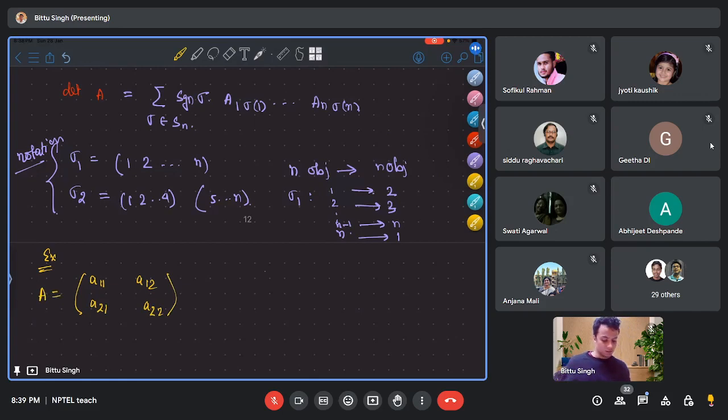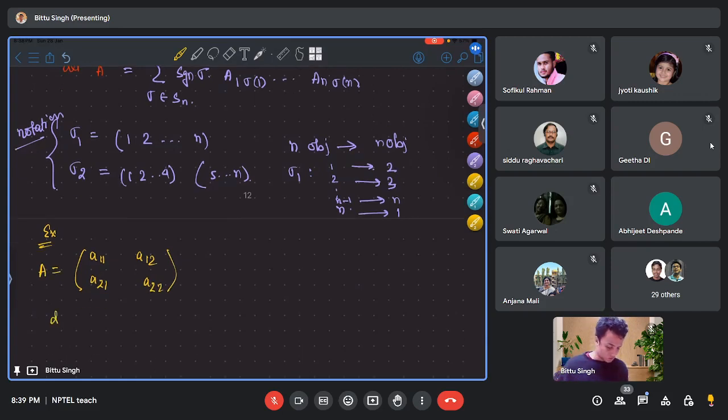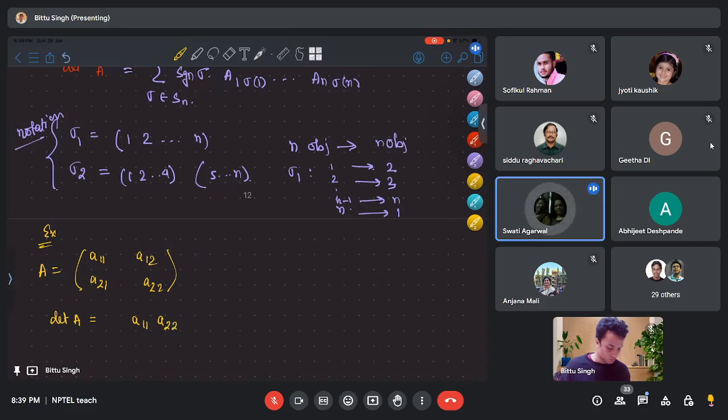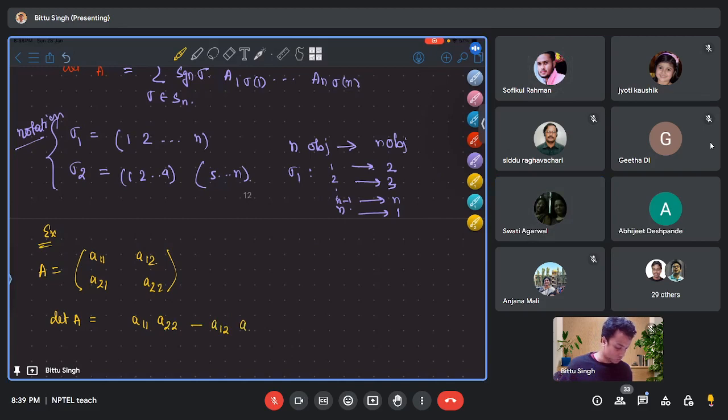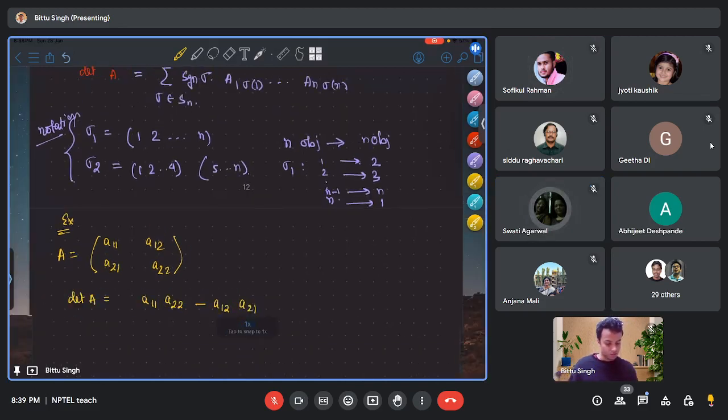This is actually A. So what will be the determinant? A11 A22 minus A12 A21.